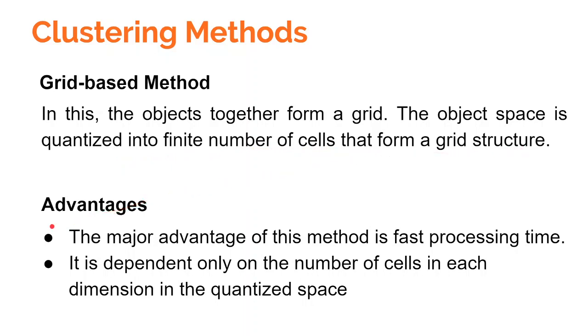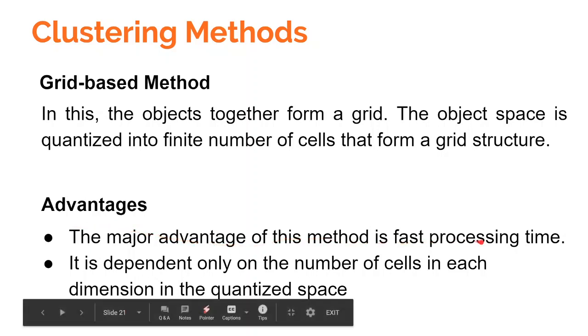What are the different advantages of this method? The major advantage is that this algorithm executes in a fast processing manner. It is dependent only on the number of cells in each dimension in the quantized space.